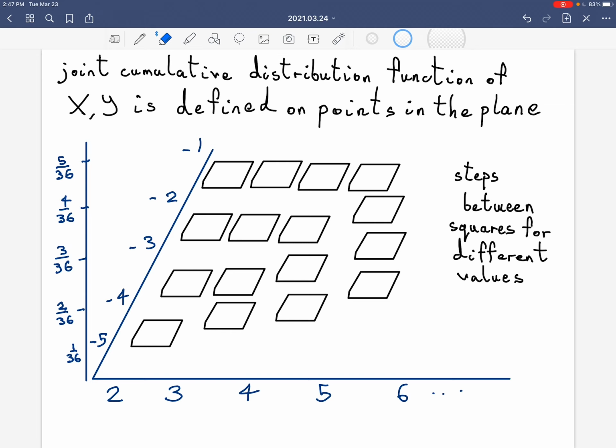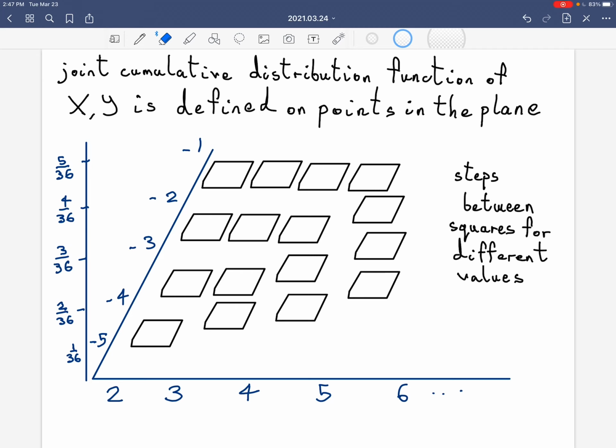Okay, so let's think about what the joint cumulative distribution function would look like. I haven't drawn it explicitly in mathematical rigor because it's kind of hard to draw, but I hope you can get some sort of intuition from the picture I have here.